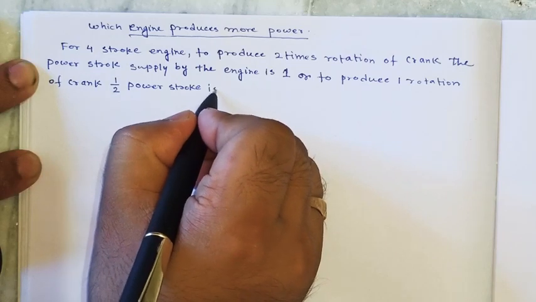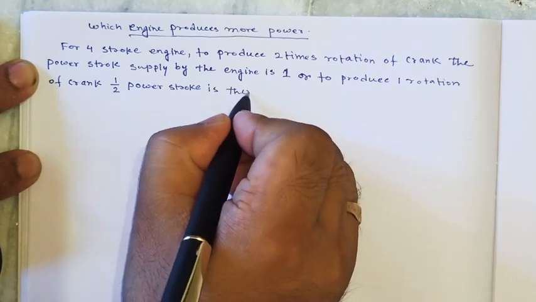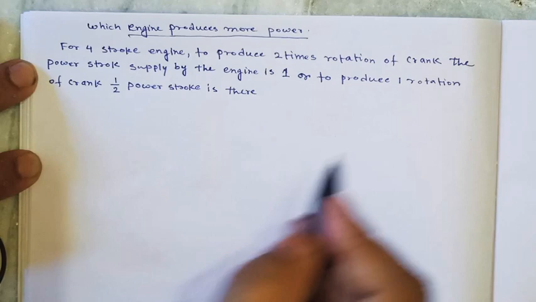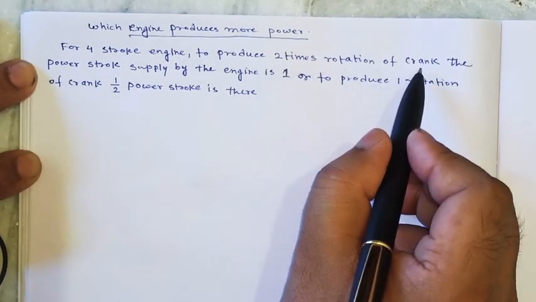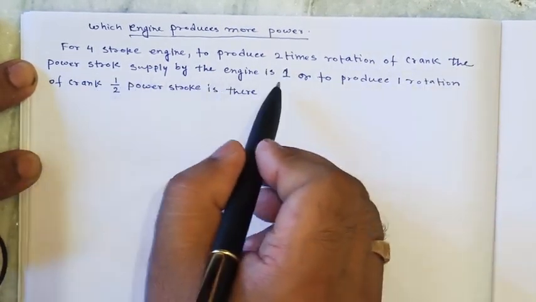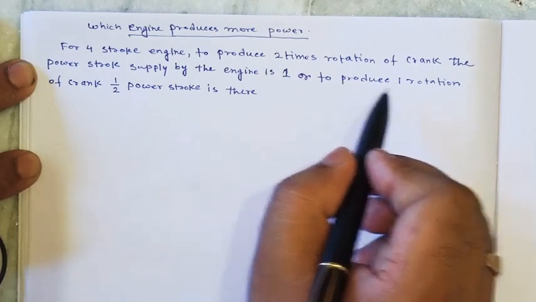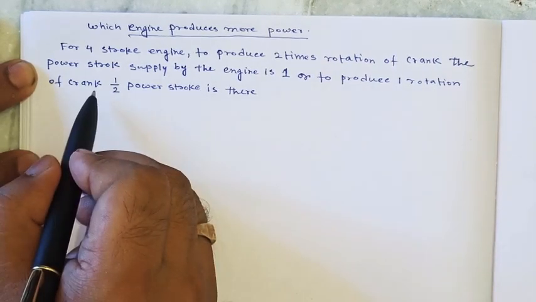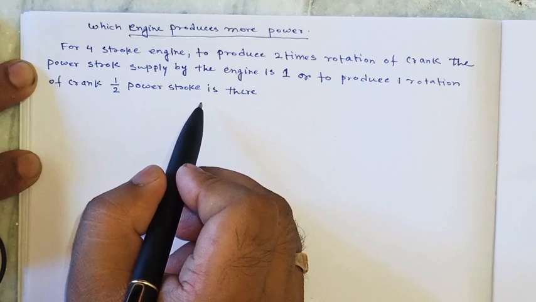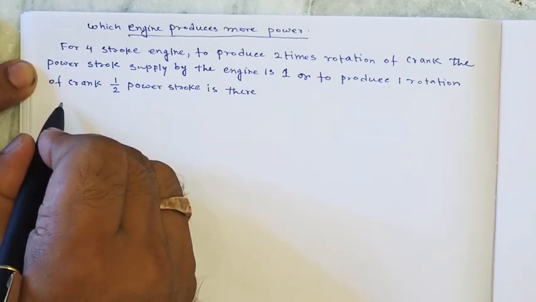If for 2 times rotation of the crank the power stroke is 1, then for 1 rotation of the crank it will be half power stroke.